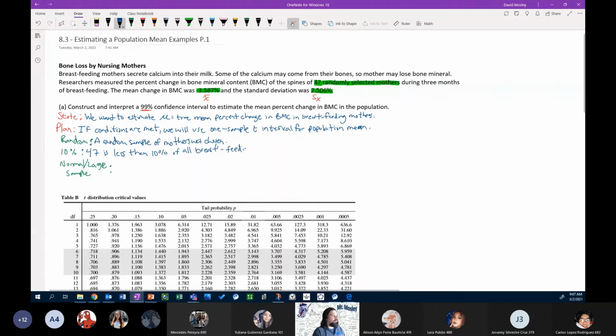In our normal large sample condition, since n equals 47 is greater than or equal to 30, the sample size is large enough. We'll leave it at that. Now that's the entire planning part of this.